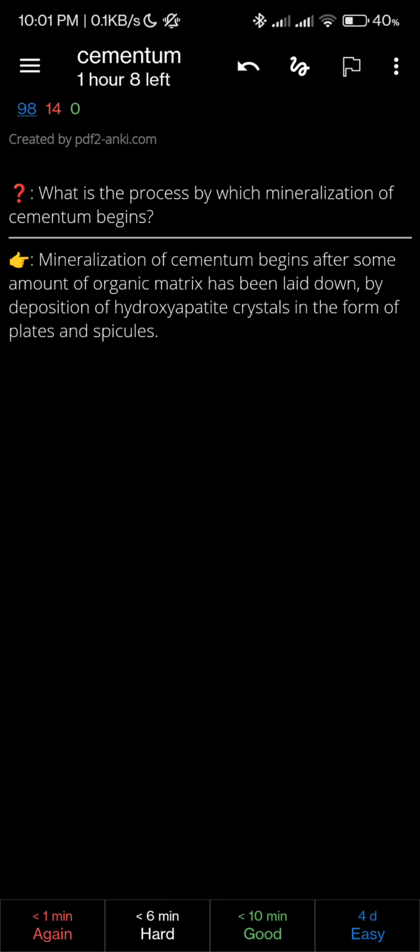Mineralization of cementum begins after some amount of organic matrix has been laid down, by deposition of hydroxyapatite crystals in the form of plates and spicules.